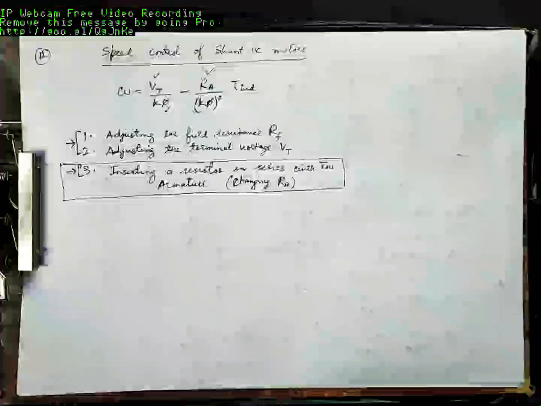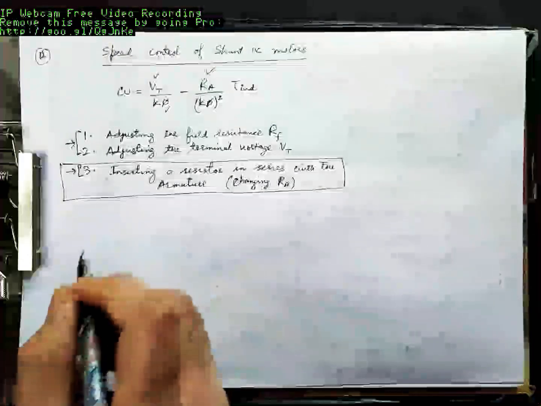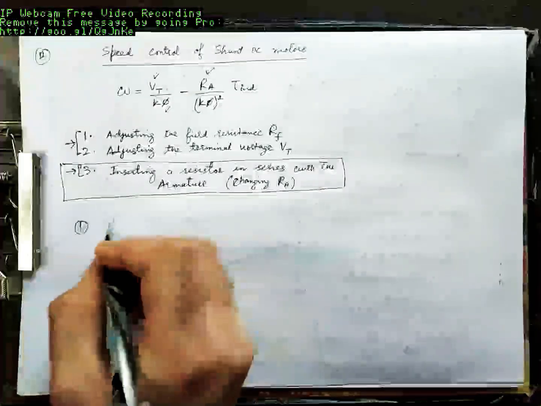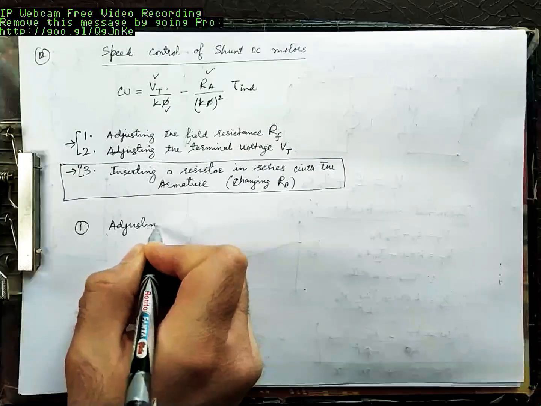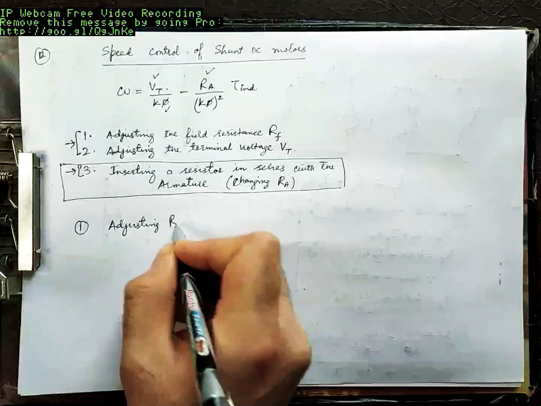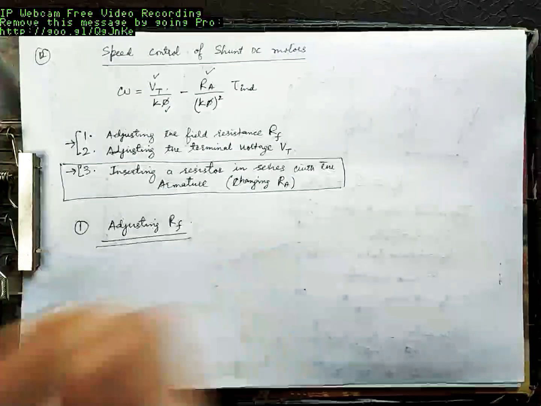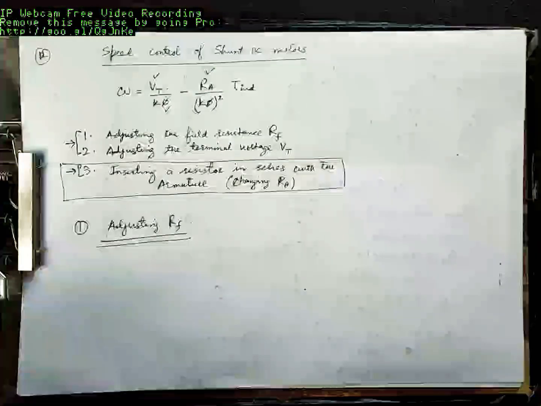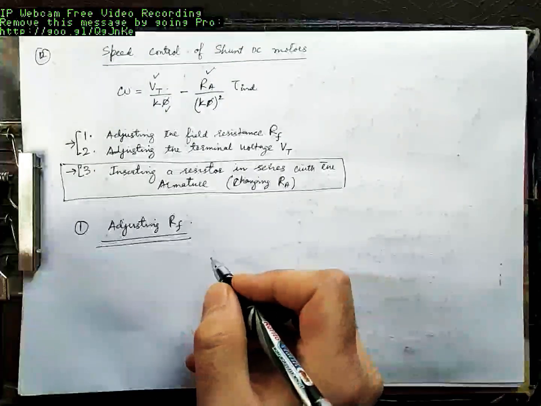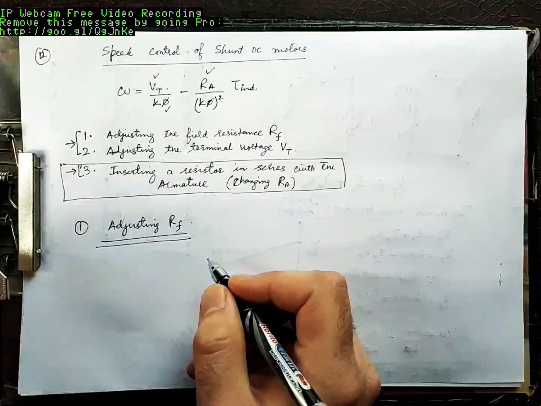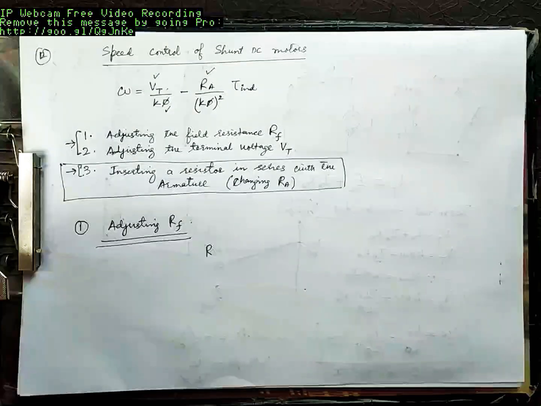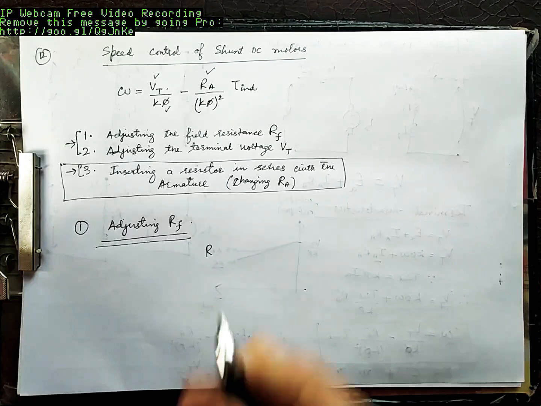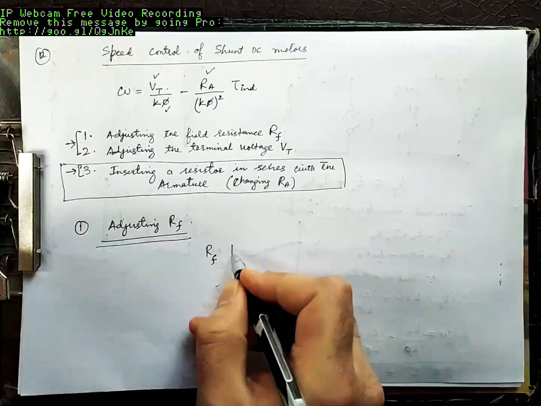Let's take the first one, adjusting the field resistance. Look what happens. Let's suppose RF is increased.